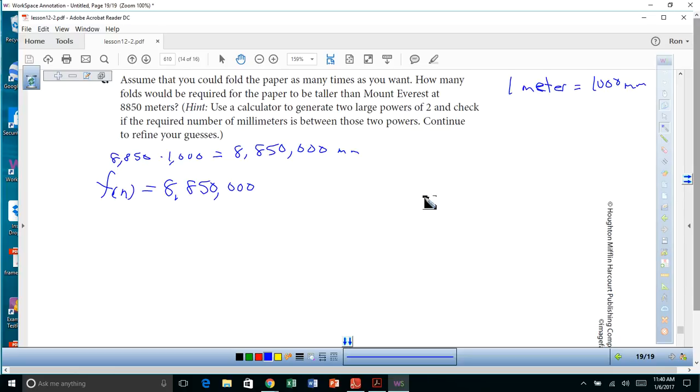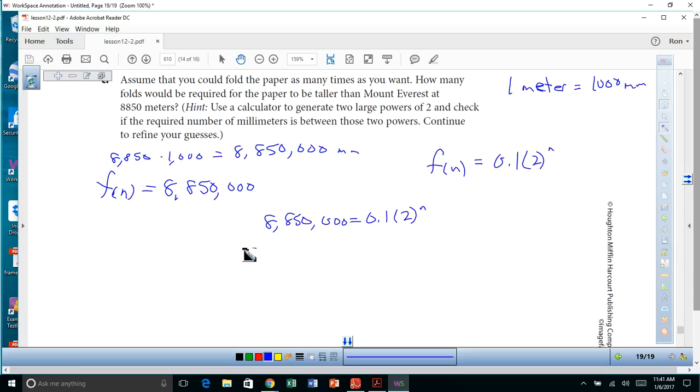Now, we've already figured out the formula, right? We found the formula earlier. F of N equals 0.1 times 2 to the nth power. So we're going to have 8,850,000 equals 0.1 times 2 to the nth power.